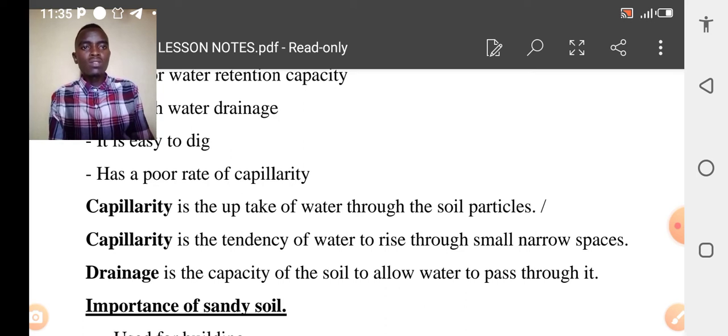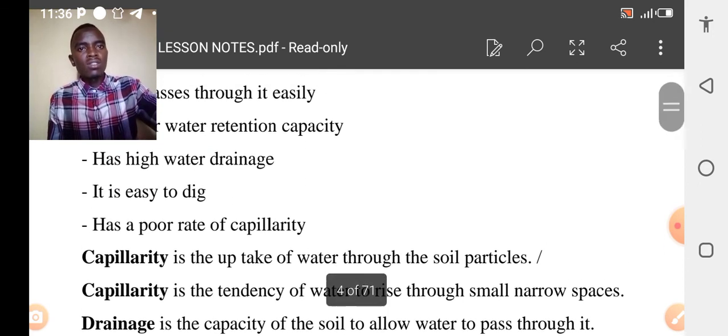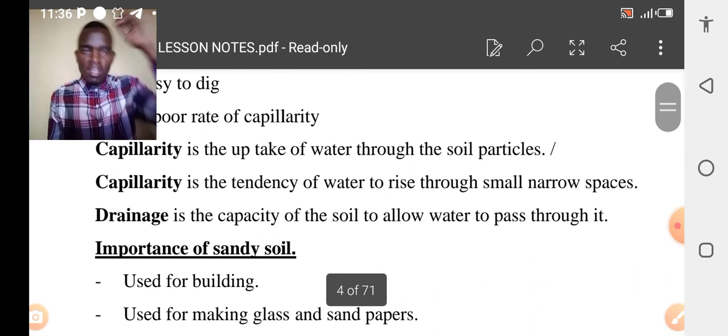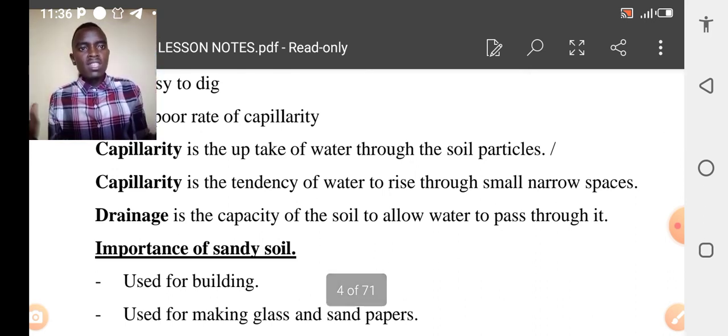Drainage is the capacity of soil to allow water to pass through it. If you have higher drainage, the water passes through quickly, but with lower drainage, water passes with difficulty and doesn't pass very quickly.